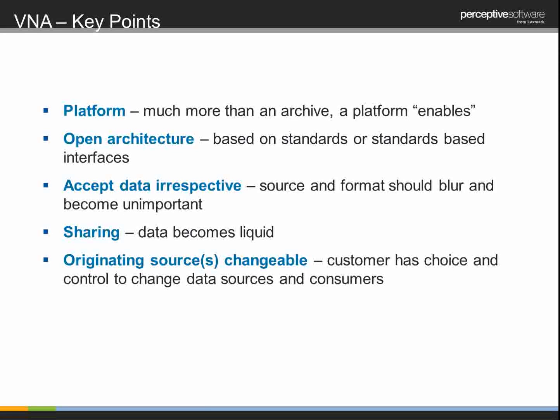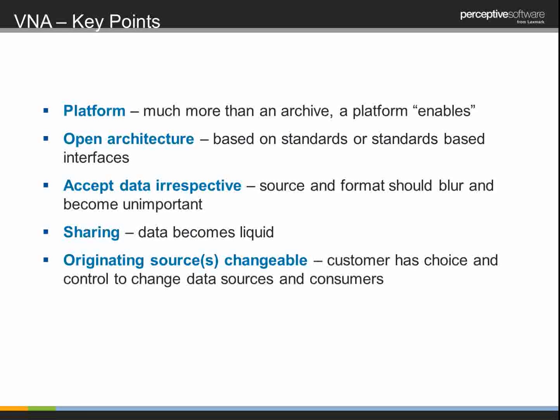And then this sort of drives into the next point around the sharing of this data. This is more broad than just moving the data onto a mobile device or getting it to another application in a way that the end users in that application can derive use from it. Or the originating sources then need to become changeable.